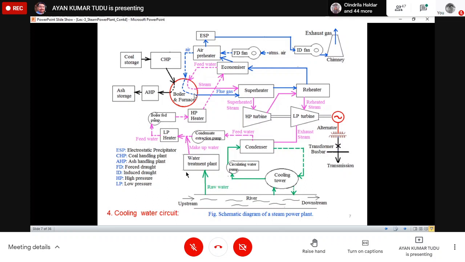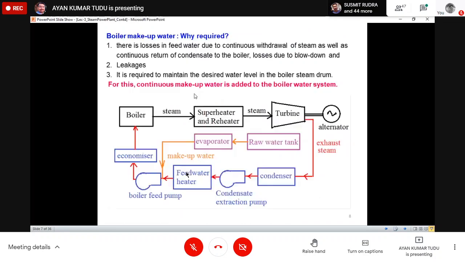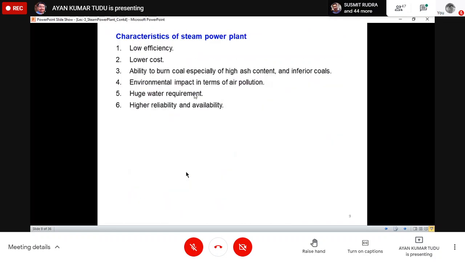Now let us talk about the characteristics of a steam power plant. What are the characteristics of the steam power plant? As you can see, most of the losses occur because the heat is being rejected into the condenser. Please remember that this loss is unavoidable, and that's why a characteristic of the steam power plant is that it has low efficiency.